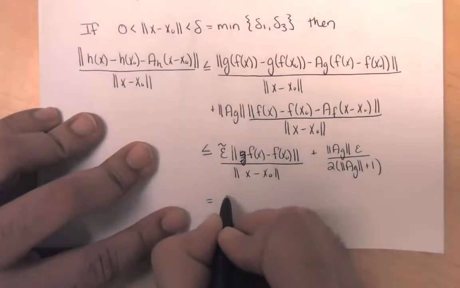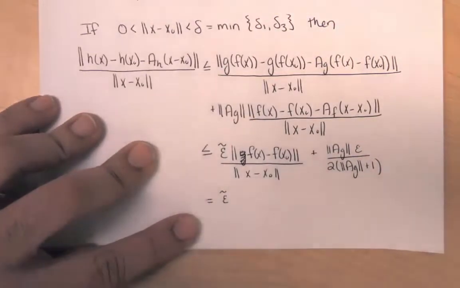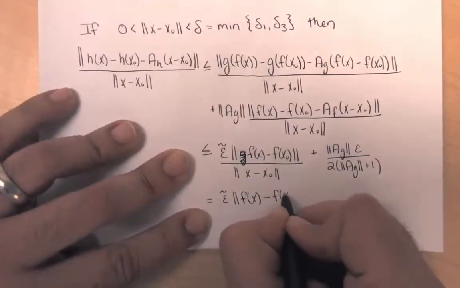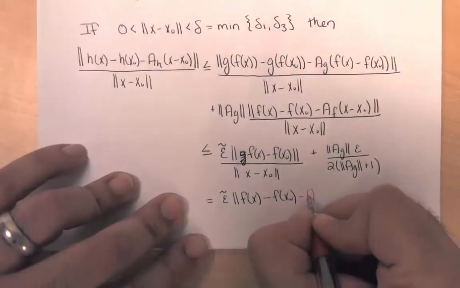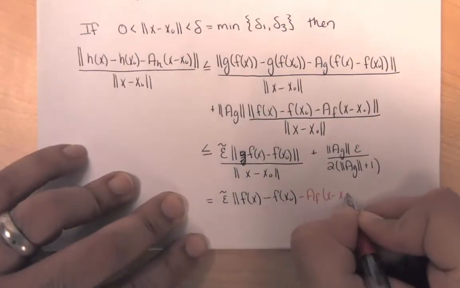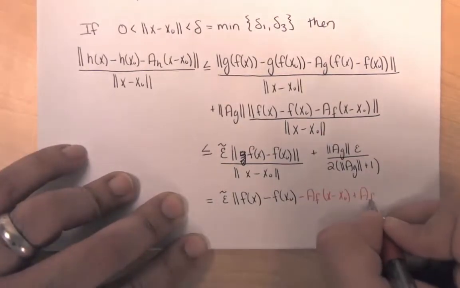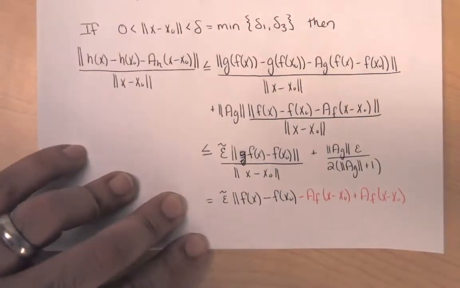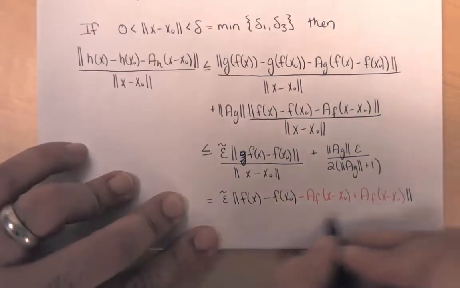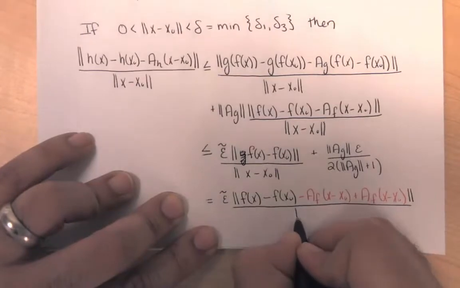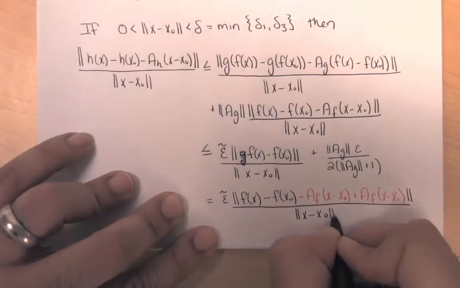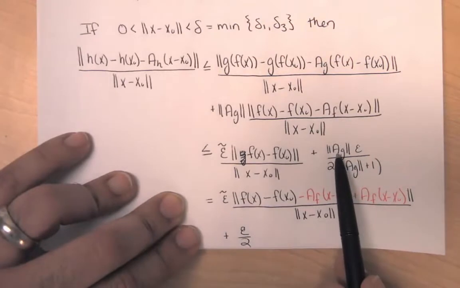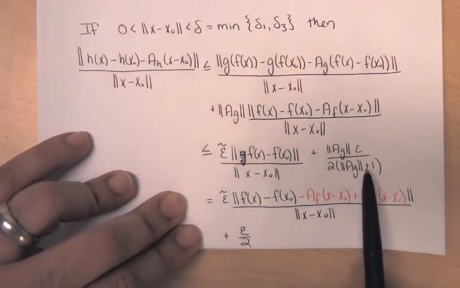This is equal to epsilon tilde times the norm of f of x minus f of x naught minus AF times x minus x naught plus AF times x minus x naught, divided by x minus x naught, plus epsilon over 2, because, well, the norm of AG is less than the norm of AG plus 1.